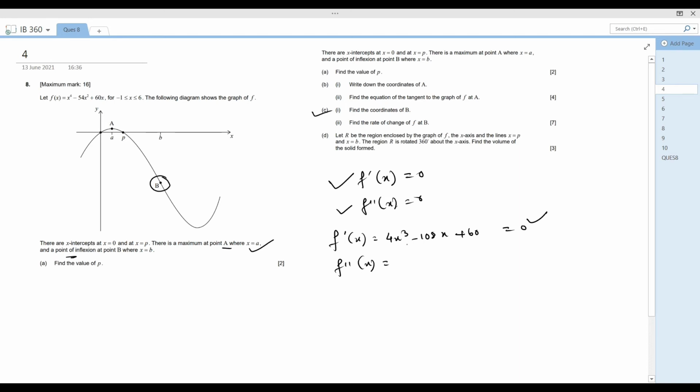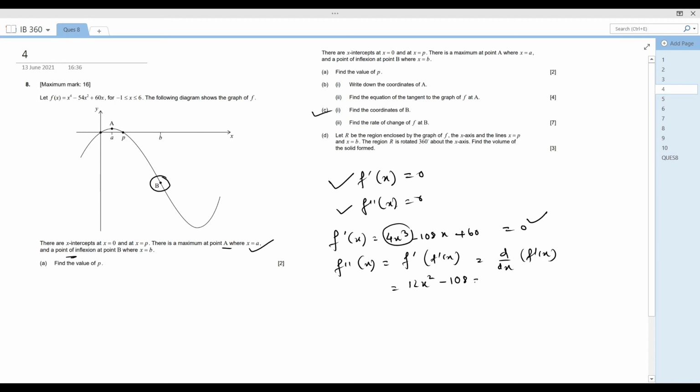For f double dash x, we have to differentiate f dash x again, so it is d/dx of f dash x. From here we get 12x square minus 108.